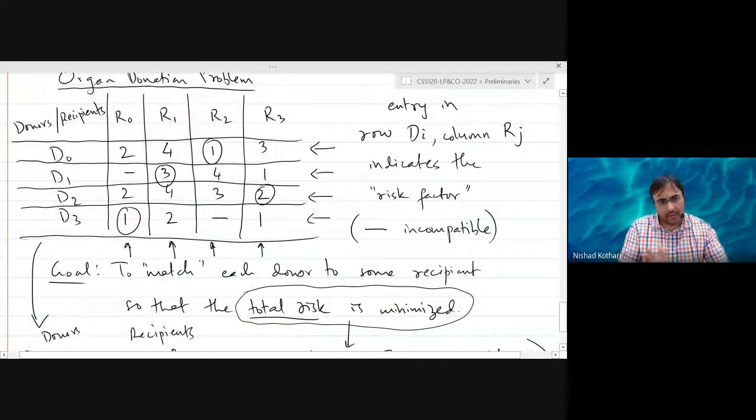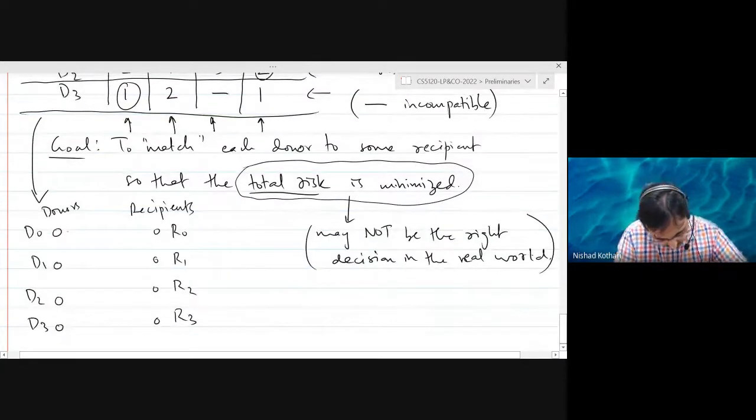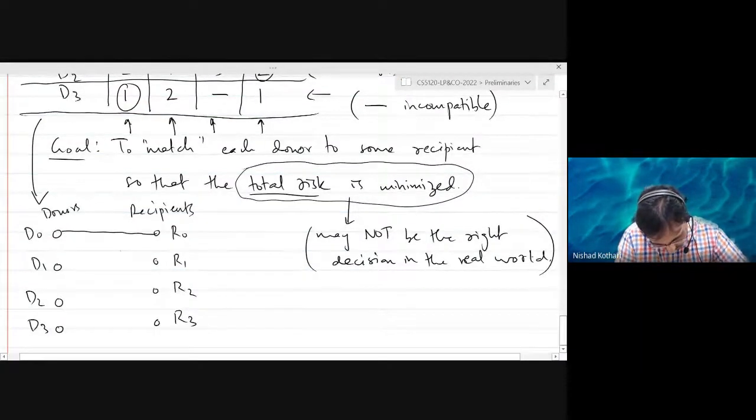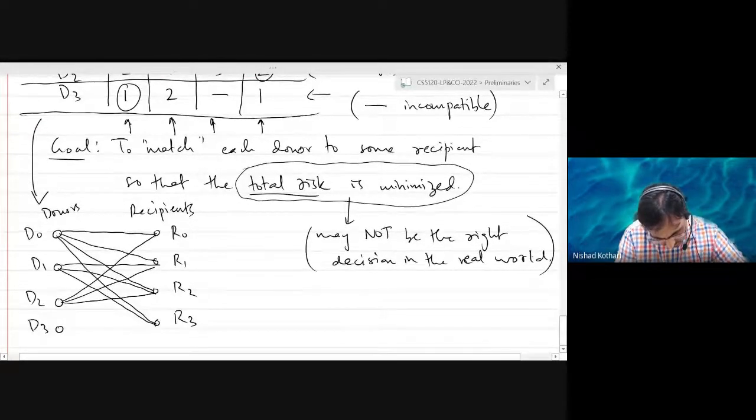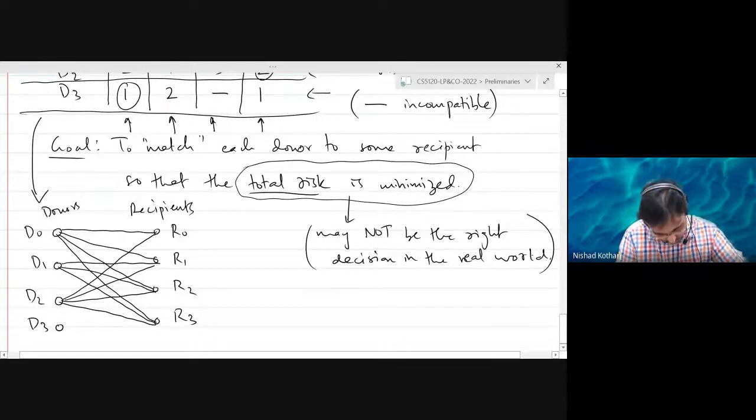Whenever a donor and a recipient are compatible, we are going to put an edge for that. So we are going to put all of the edges except D1 R0 and D3 R2. So this is with all of them. D1 goes to everyone except R0. And D3 goes to everyone except R2.